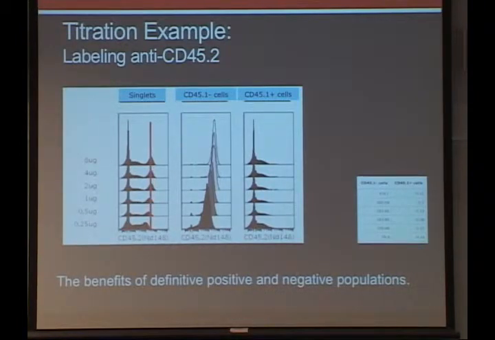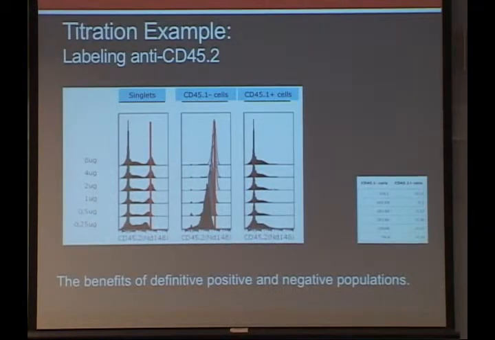And you'll see as I increase the dose of antibody, I have a titration curve that you might expect. The staining increases. If you look at the 45.1 positive cells, you'll see that they're all essentially 0 for CD45.2, going back to Sean's point that essentially there is no background on the mass cytometry platform for the majority, I would say, of different epitopes that we'll be looking at.